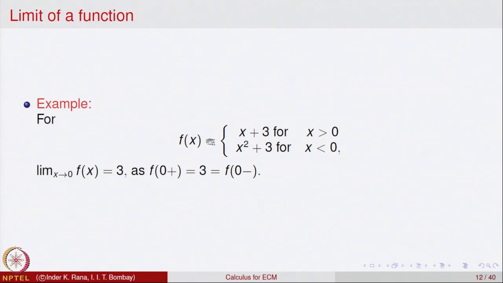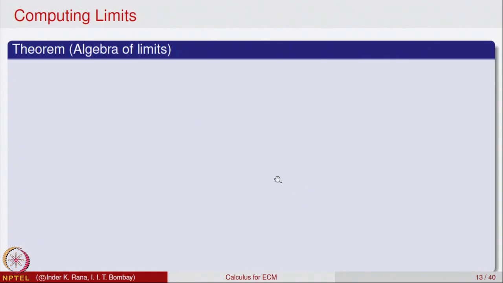So, the limit of the function from the right is equal to 3. If x_n is less than 0 and converges to 0, then x_n square will also converge to 0. So, f(x_n) will converge to the value 3. So, in this case, the left limit is equal to the right limit. Hence the limit will also exist and is equal to 3.